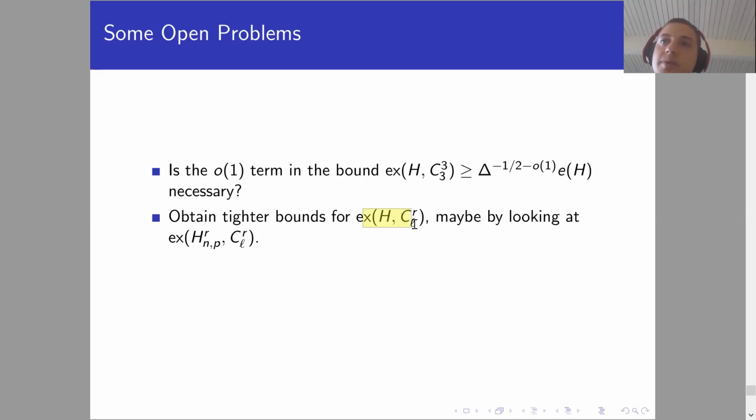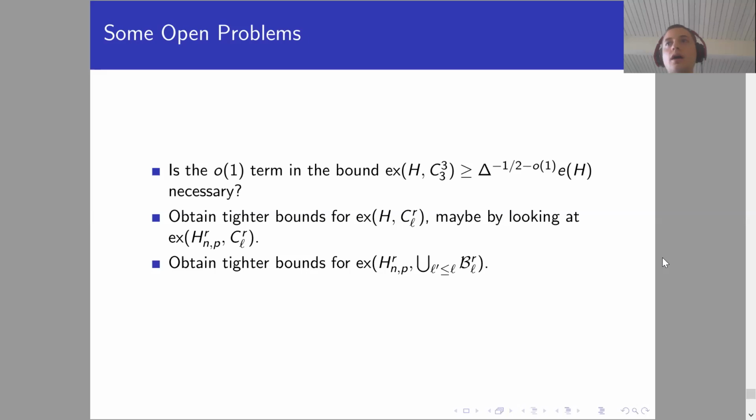So we'd like some tighter bounds there. And we think that possibly, at least for r equals 3 and L even, that one can maybe get tighter upper bounds by further improving bounds for the random hosts for loose cycles. And then also, again, we have fairly large gaps for random hosts and the girth problem of avoiding all cycles up to length L. So that would be good to improve there.